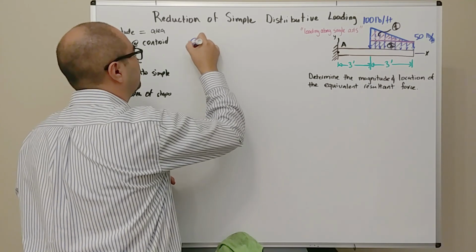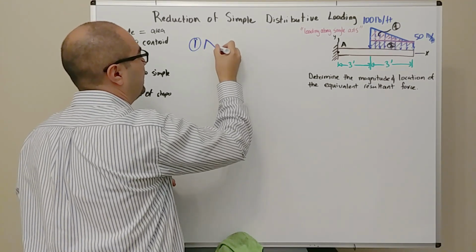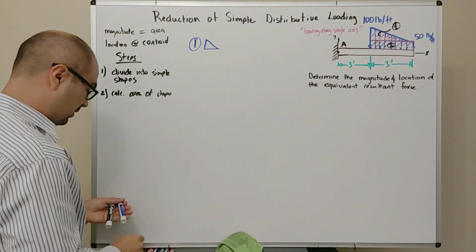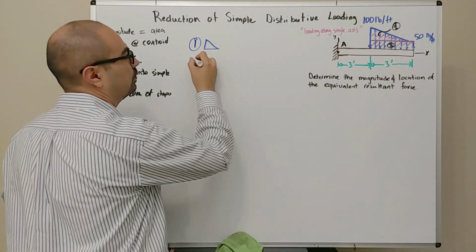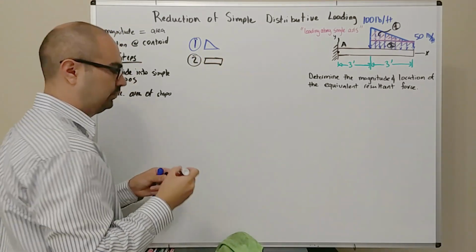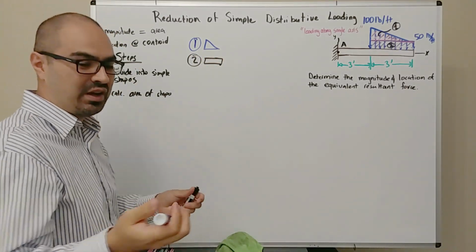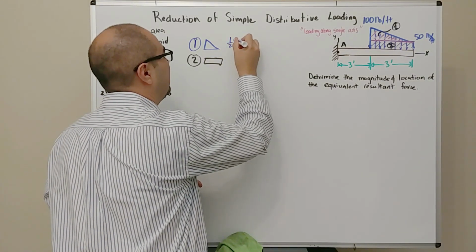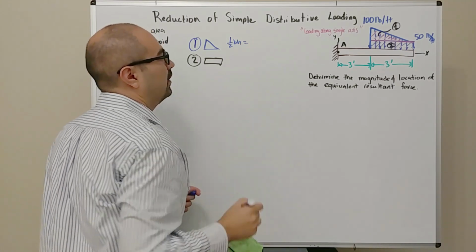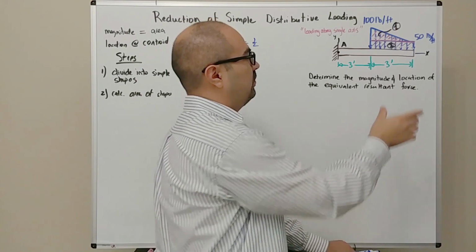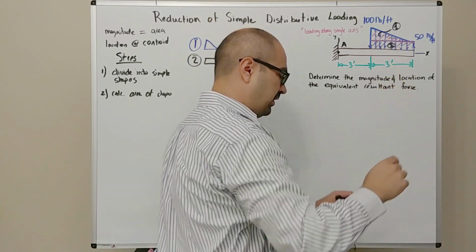Number 1 is the triangle that looks like this, and shape number 2 is the rectangle. Do you remember the area of a triangle? It's 1/2 base times height. So we have 1/2. What is the base? Well, the base of the triangle is 3 feet.